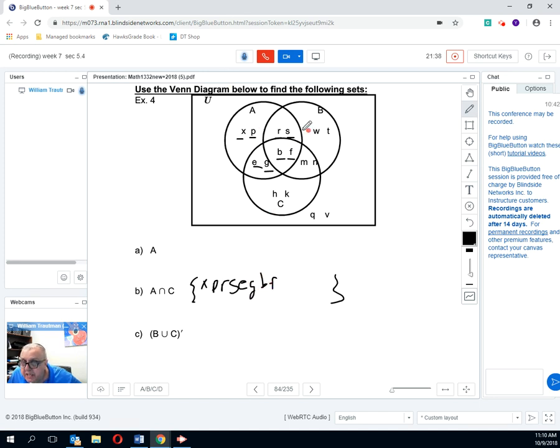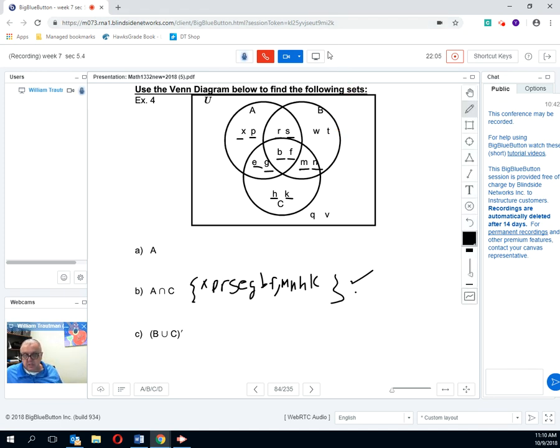Those are all in A. And then those four right there are in C also, but you only write them down once. But here's some more that's in C: MN, and then H and K. And this is A union C, a marriage of everything in A and everything in C.